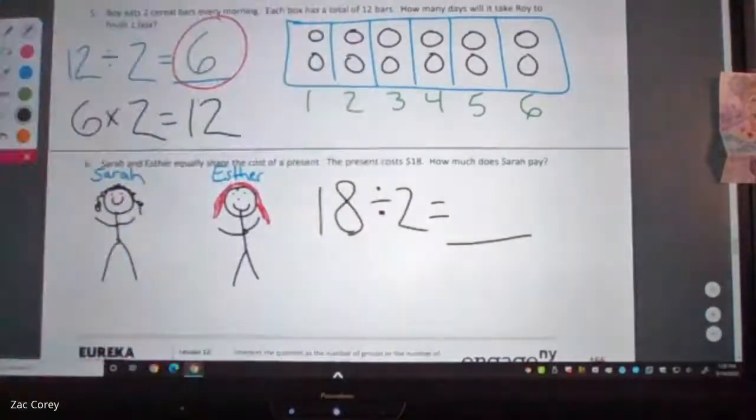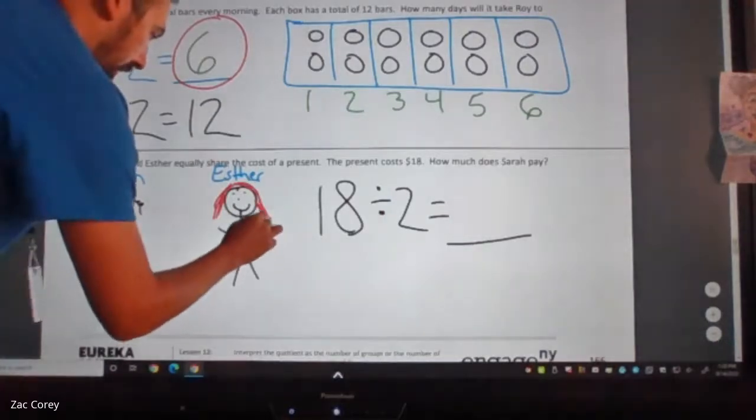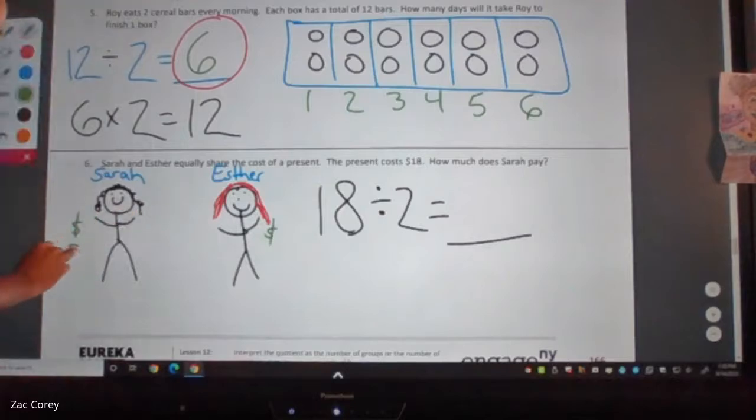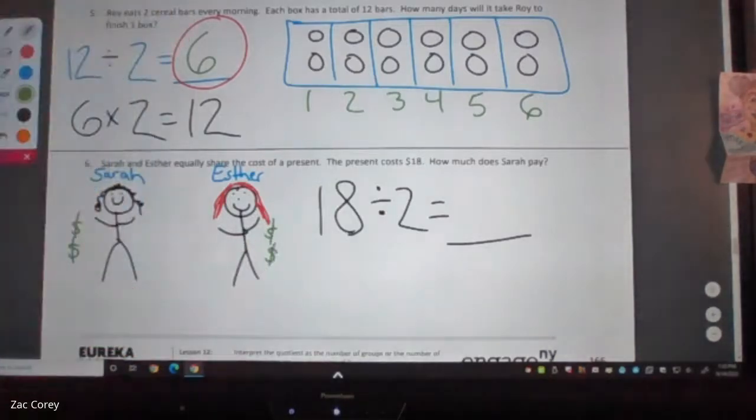Okay, so let's say the dollar signs here equal $1. Let's say Sarah has 1. Let's give Esther 1. Sarah has another 1. Let's give Esther another 1. We need to keep going until we've done these dollar signs 18 times.